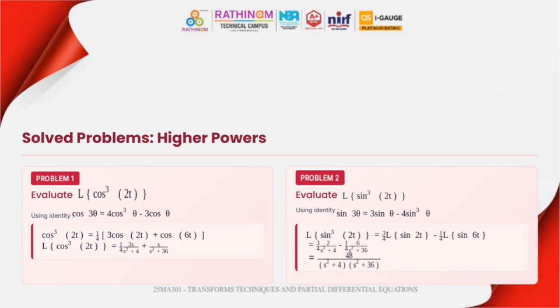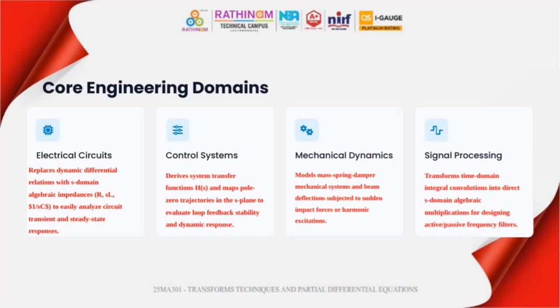Let's break down the core engineering domains that shape how we analyze and design complex systems. First, signal processing uses the Laplace transform to turn time-based convolutions into simple algebraic multiplications, making filter design much more manageable. Mechanical dynamics models how structures respond to forces, whether sudden impacts or steady vibrations.